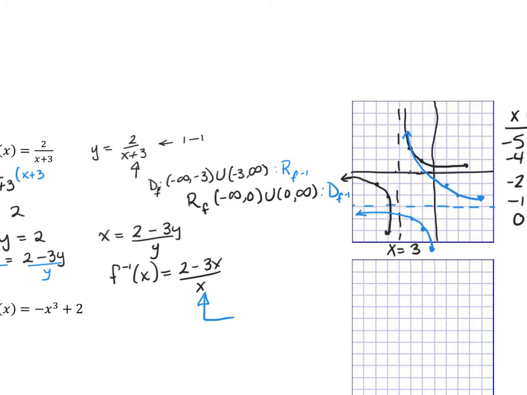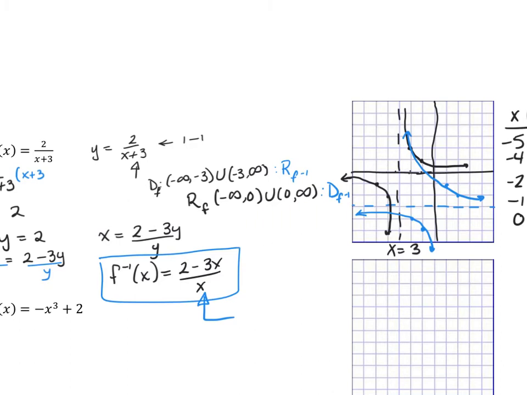But if I didn't, I can find my inverse and then find the restricted domain of my inverse. That is the range of my original function. Domains become ranges, and ranges become domains. It is at this step right here that my domains and ranges switch. So notice the domain of f is the range of my inverse. The range of f is the domain of my inverse.